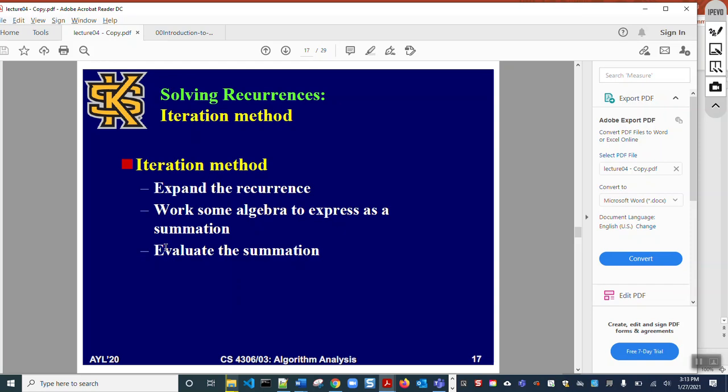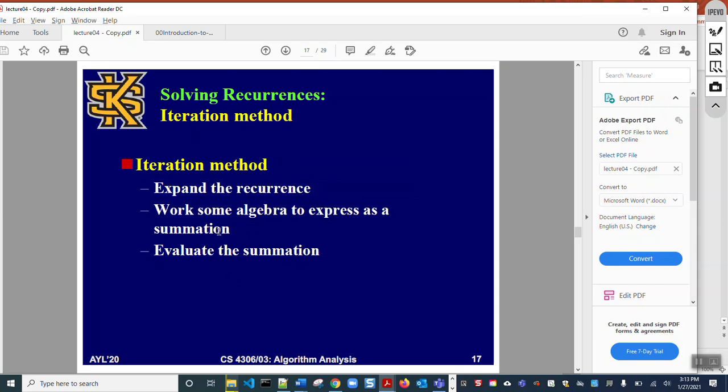So, solving recurrences with the iteration method. What is the process? In the iteration method, we expand the recurrence and work with algebraic expressions such as summations, then evaluate the summation.